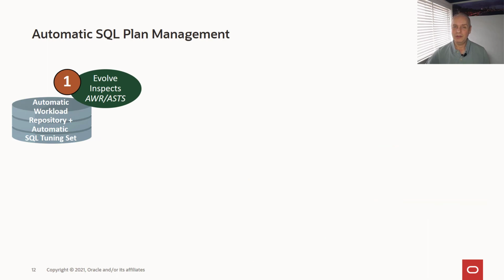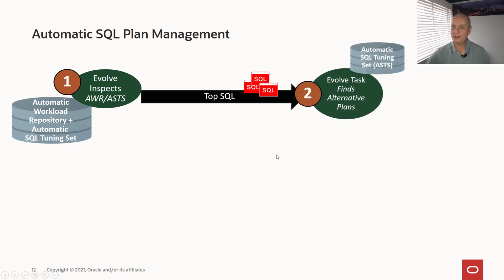For those of you who like a picture, this is what it looks like. We can introspect. It's the SQL Plan Management Evolve Advisor, which you're familiar with, I'm sure, going looking in the repositories. We then look for previous execution plans in the automatic SQL tuning set and find out the history, if you like, of that SQL statement, to see what it's been doing over time.